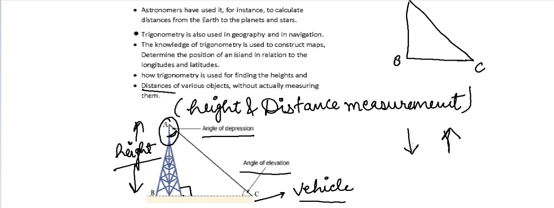So by understanding the meaning of these two words, depression being lower and elevation being something which increases or goes high, you can understand this is the angle of depression and this is the angle of elevation. Now we'll see with an example how we can calculate the distance and height.